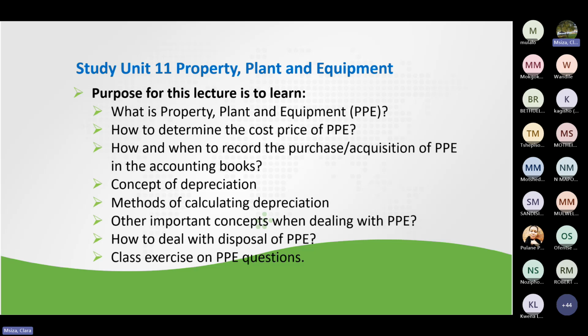How to deal with disposal of PPE, meaning how to deal with the sale of PPE. Then lastly, my colleague will go through with you a class exercise on PPE. So there will be a few questions that I will discuss with you just to show you how to apply the basics that I'm going to give you into the questions.